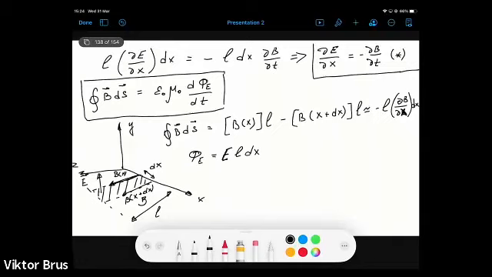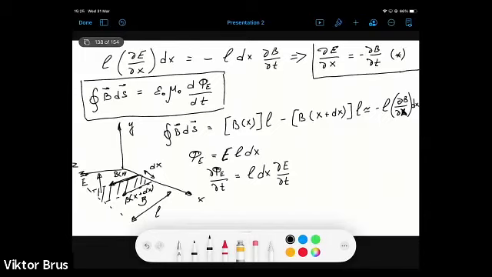And we need a derivative over time here. So this partial derivative of the electric field flux ∂ΦE over ∂t will be equal to L times dx times ∂E over ∂t.